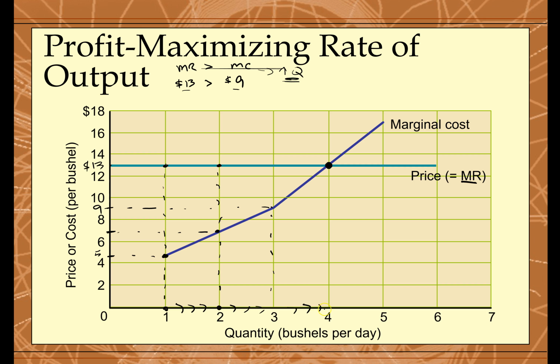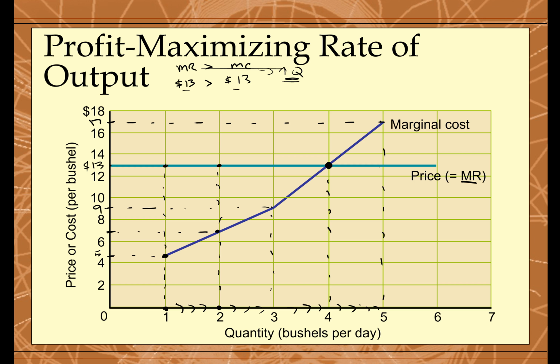We go to 4. We see that MC is now 13 and MR is 13. So we don't want to increase the rate of output, because if we went to 5, can you see how our marginal cost is now at 17, but our marginal revenue is still at 13?